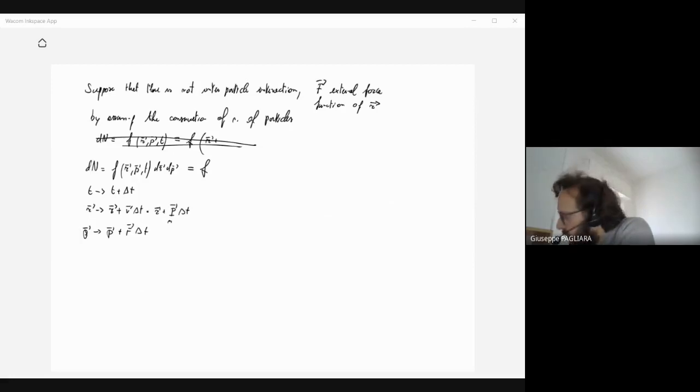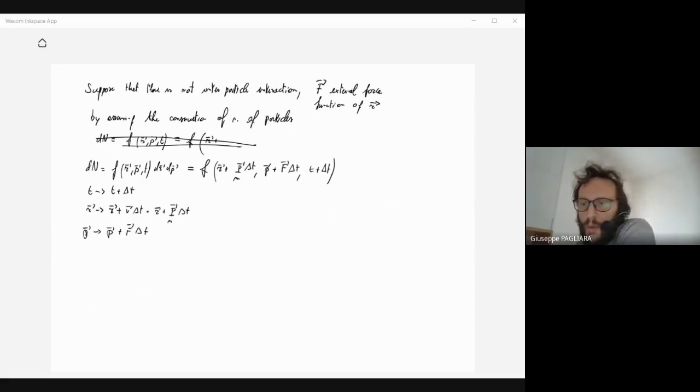So then this function will be a function of R plus P divided by M times dt, P plus F dt, and the time is t plus dt. And in principle, the shape of the volume is different: dr prime and dp prime.